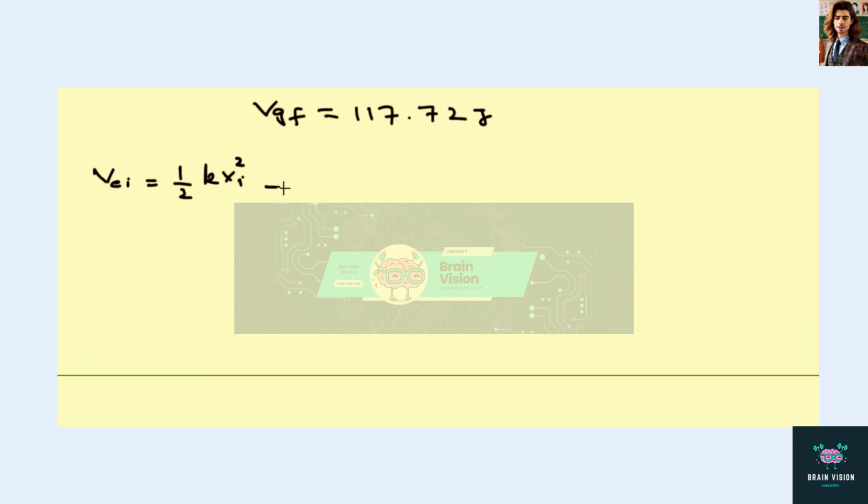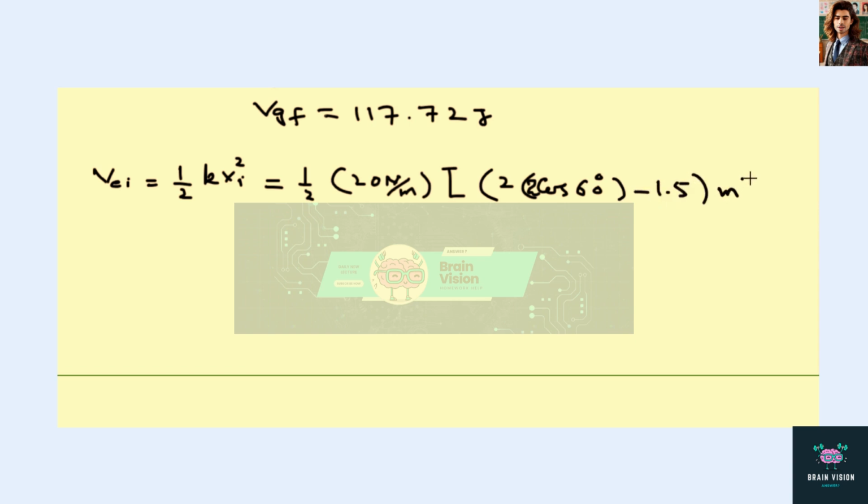So this is written as 1 divided by 2 into 20 Newton per meter, square brackets open, here we can write 2 into 2 cosine of 60 degree, that is 2 here, into minus 1.5 meter, whole square.